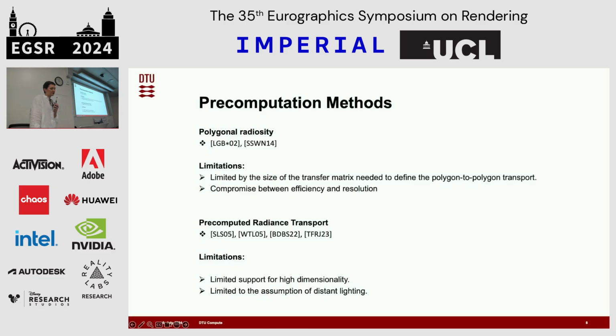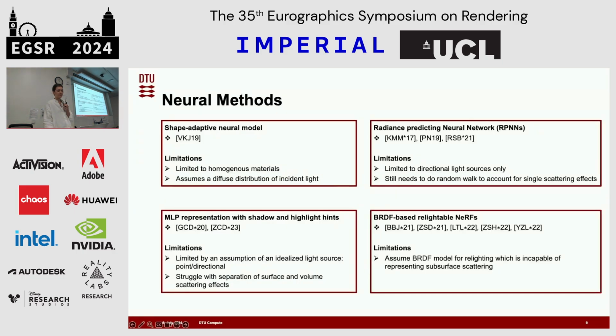There are some pre-computational methods, such as polygonal radiosity, which approximates every polygon with a transfer matrix, so they are only as accurate as the size of the transport matrix. Precomputed radiance transport approximates the light transport with spherical harmonics. There were some neural methods as well.